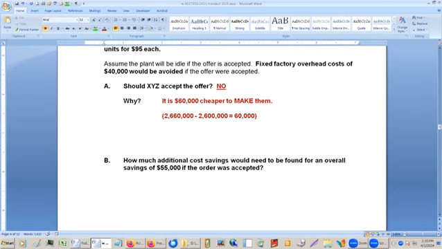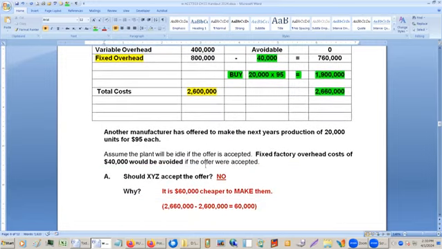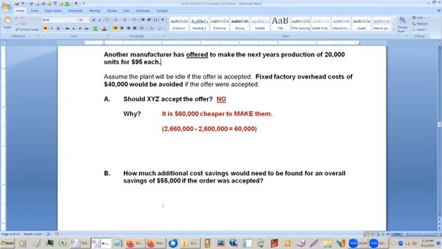Oftentimes the first offer is kind of part of a negotiation. A lot of times there's a negotiation going on here.